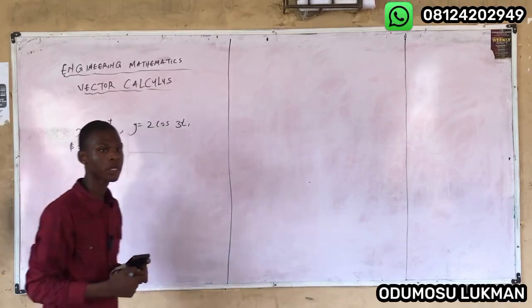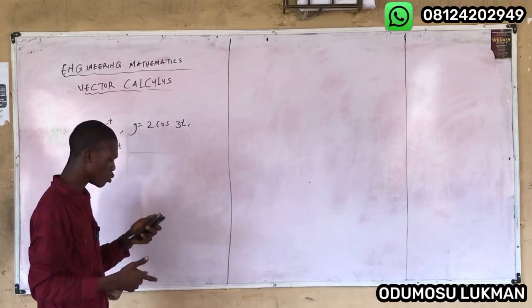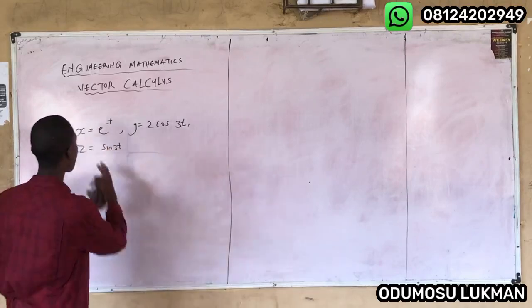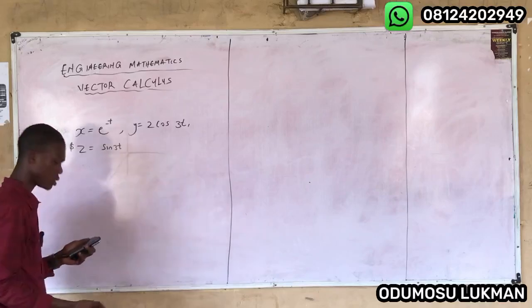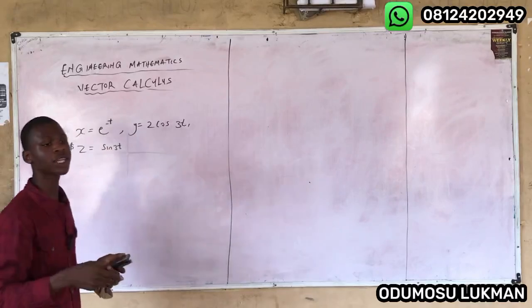Now, are we together? I'll repeat again. The question says a particle moves along a curve whose parametric equations are what we have here, x being equal to this, y equal to this, and z equal to this.